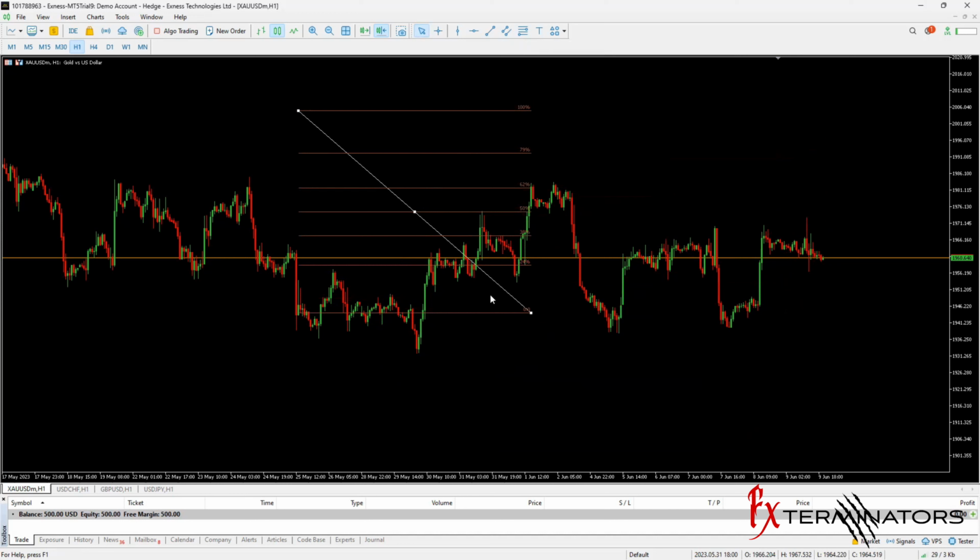This is the first thing you need to do to get this particular strategy: customize your levels in this way. Just get the levels right, because the 79% and the 62% are the two levels I see as my golden or key levels.